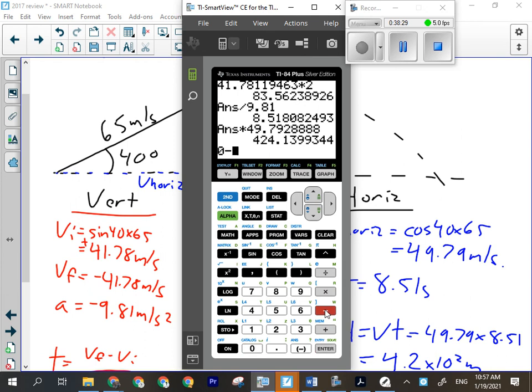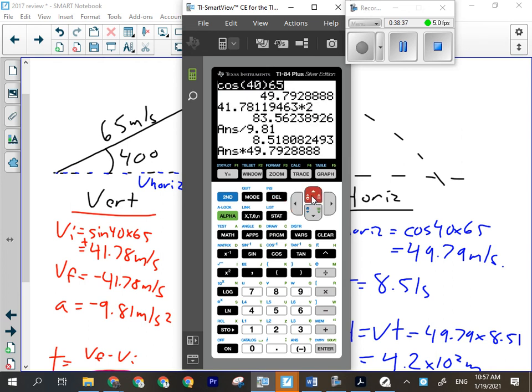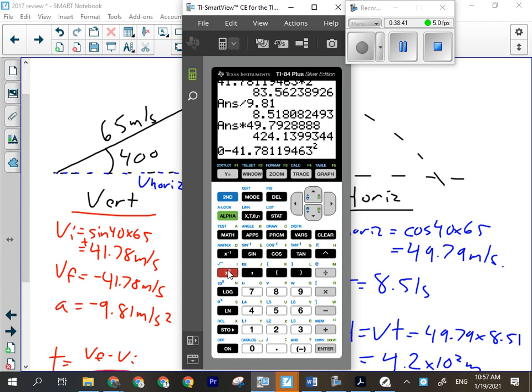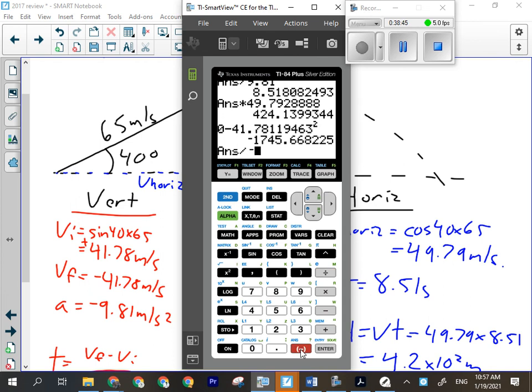Oh, sorry, we got to use the actual number here. That number squared, divided by negative 19.62. So the maximum height will be 89 meters.